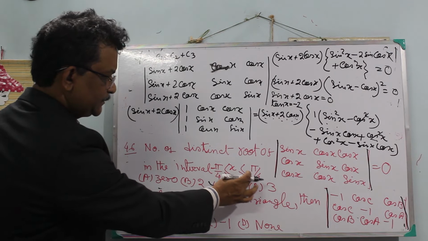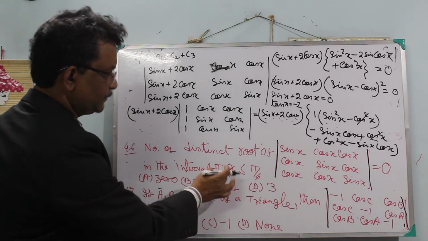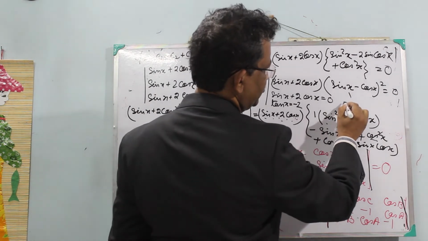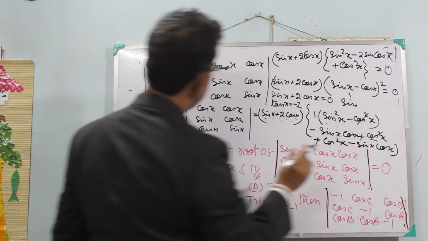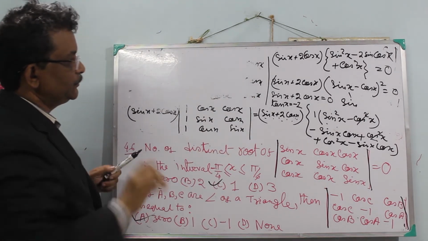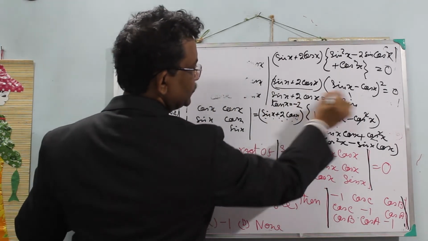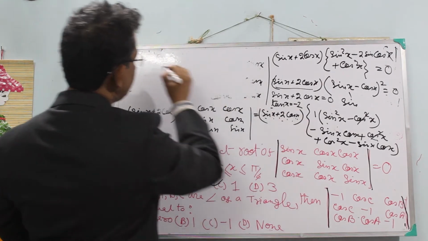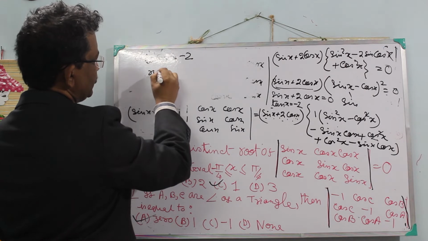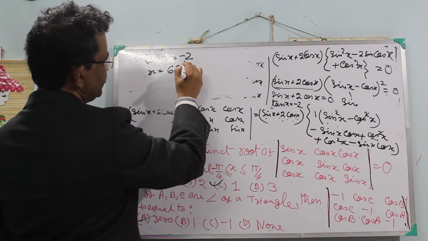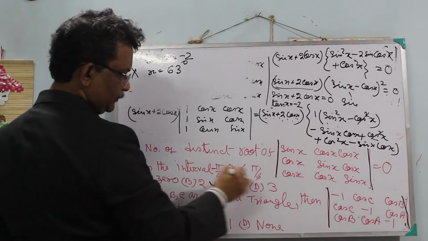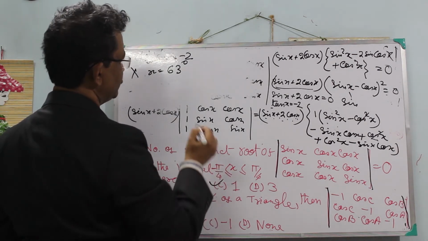But x lies between plus and minus 45 degrees, pi by 4, so 63 cannot be.